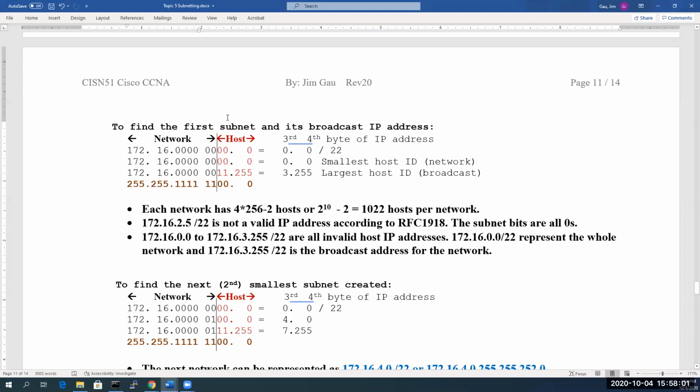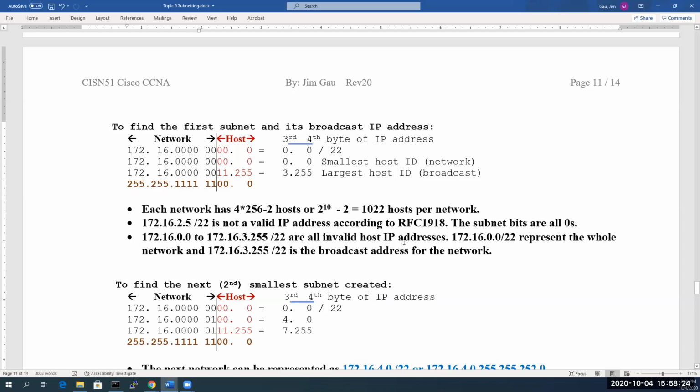So you can see from this particular table or chart that the smallest one is 0, 0 here, and the largest one is 3.255. You can take a look at the note: 172.16.0.0 to 172.16.3.255/22.